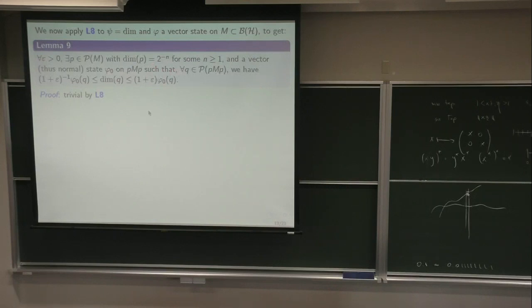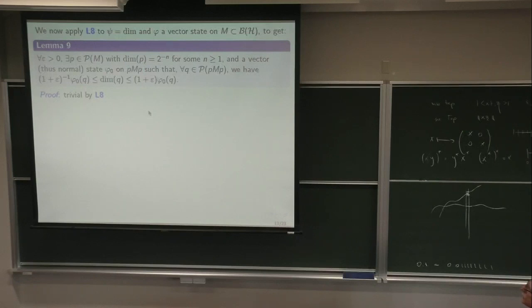such that for any projection q in PMP, we have that dim is squeezed between these multiples of phi 0. Yeah, I guess here it's not quite right, because this is phi 0, if I take it to be a state on PMP.